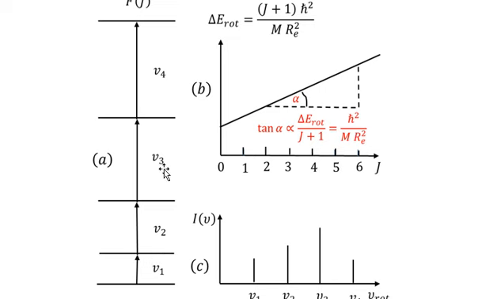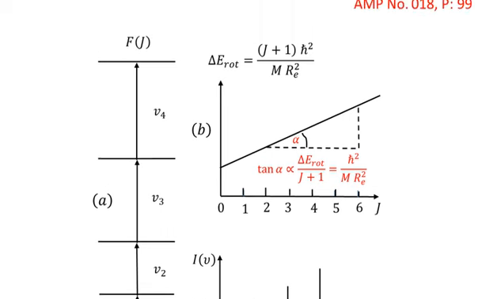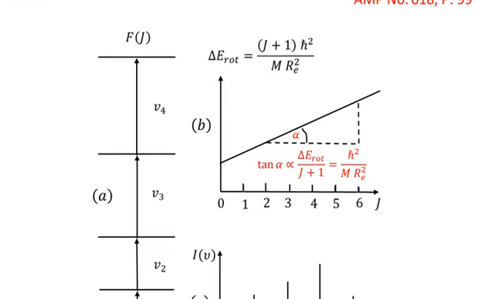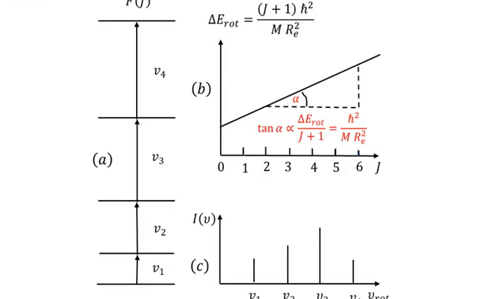And if you provide light with a frequency nu3, the light will be absorbed in this region and it will reach this level. Similarly, a frequency equal to nu4 will raise the level from this rotational level to the higher level. So f of j is actually the distribution of the rotational levels. And you know that different frequencies can be used to excite different rotational levels.